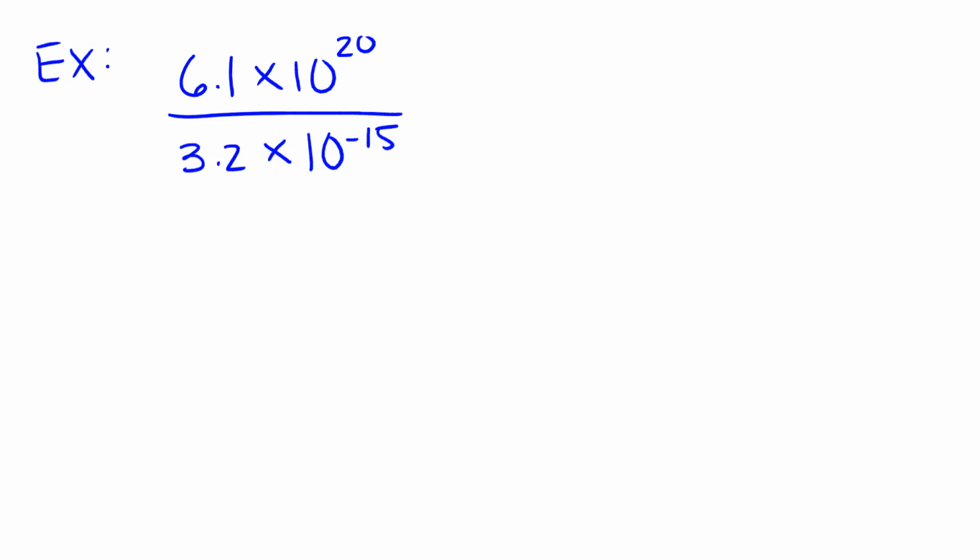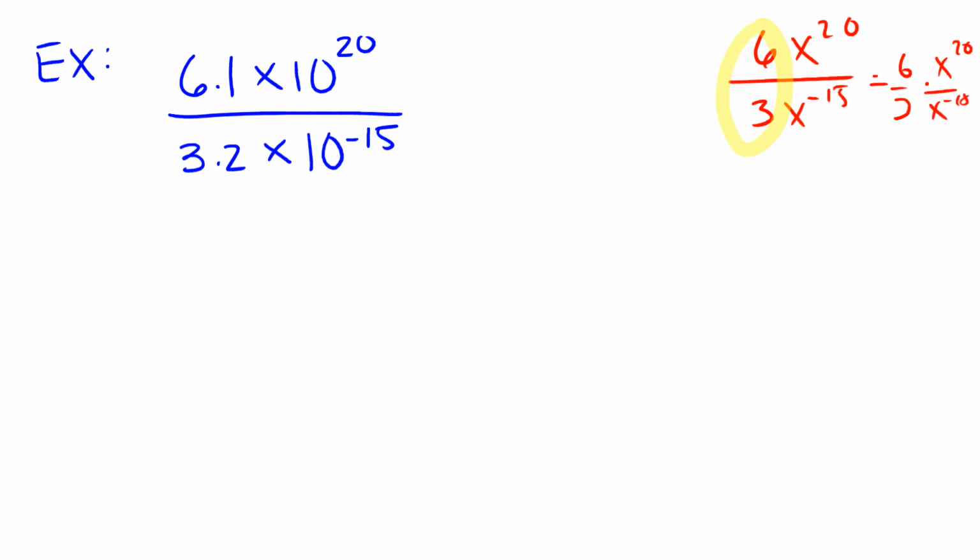Now this is the one that you guys got in trouble with on the little pieces of paper that we were doing on Thursday, our little review. So same idea. If this were 6x to the 20th all over 3x to the negative 15th, we would deal with the numeric portion because this is all the same thing as 6 over 3 times x to the 20 over x to the negative 15. So we deal with that first, simplify those.